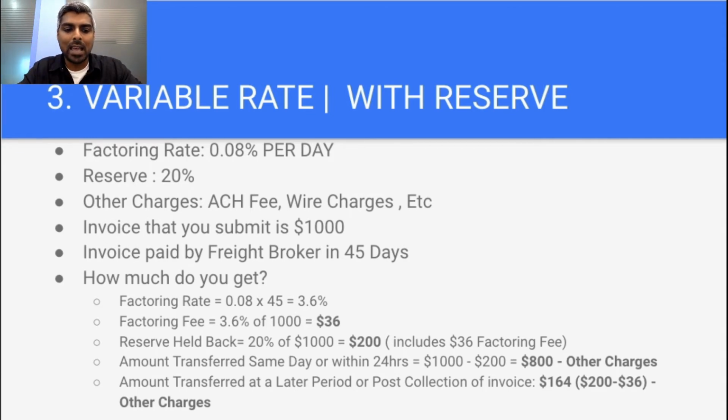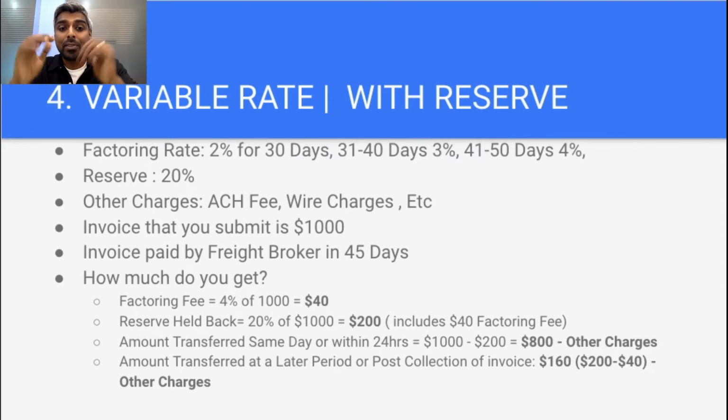Now let's look at an example of a slab based variable program with reserve. As I explained earlier, in a slab-based program, the factoring company would tell you, okay, I'm going to charge you X percentage if the invoice gets paid within 30 days. I'm going to charge you X amount if it gets paid beyond 31 to 40 days.